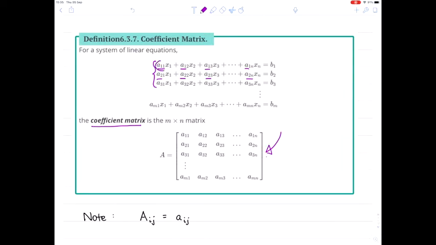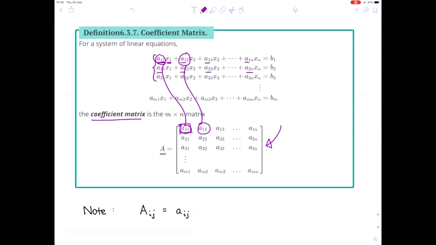So we take the coefficient of x1 in the first equation and pull it down into the first row, first column. In our first equation, the second coefficient moves into the first row, second column, and so on. So our A11 tells us that it's in the first row, first column of matrix A, but it also tells us that it was the coefficient of x1 in the first equation in our system.